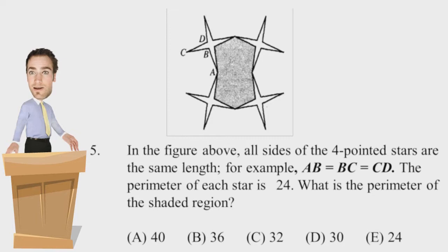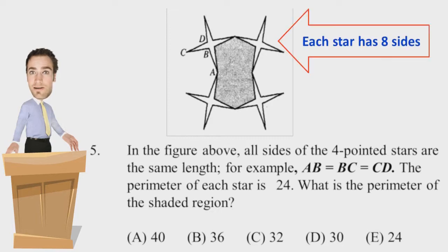In this particular case, they said that you had a bunch of stars, and they've given you 4 stars that you can see there quite easily, and they said the perimeter was 24. Well, if you notice, each star is composed of 8 sides. You can count them. Some students actually figured out what each side is worth.